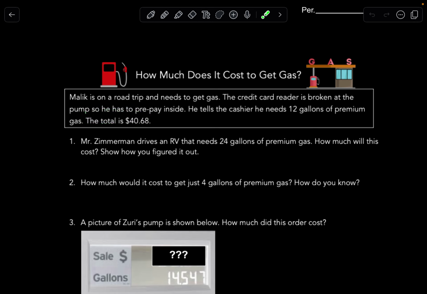So we know that for 12 gallons, it costs $40.68. Mr. Zimmerman, who is a different person, drives an RV, so he must be an old guy like me, that needs 24 gallons of premium gas. How much will this cost? Show how you figure it out. There's lots of ways, so I want you to pause this and see if you can figure it out.